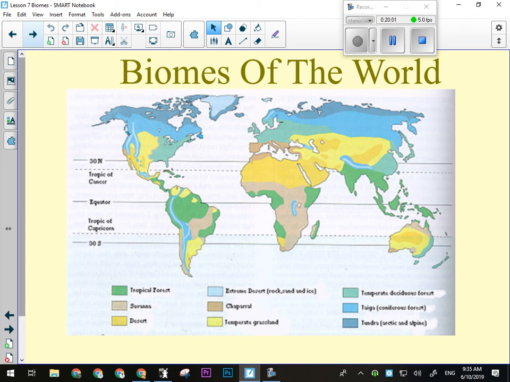Deserts. Now, there's different kinds of desert. There's hot deserts, and then there's mid-latitude deserts. The main hot desert is obviously near the equator, and most of it is here in northern Africa. That would be Egypt and places like that, like Tunisia, where they film all the scenes for Tatooine in Star Wars.